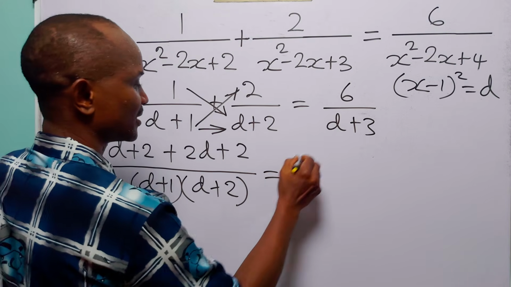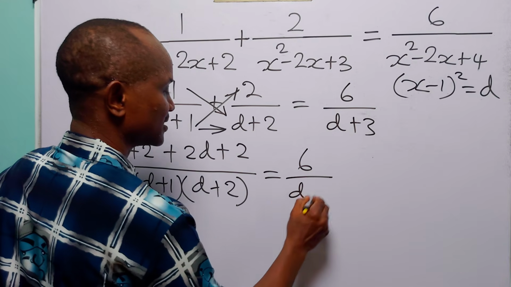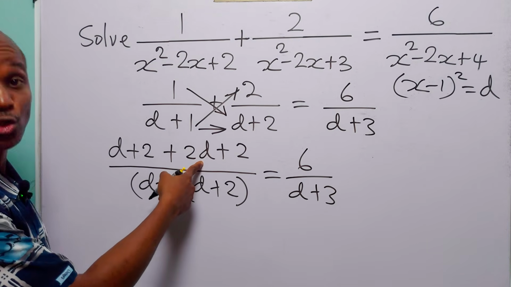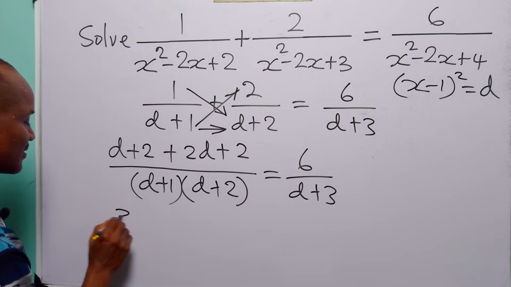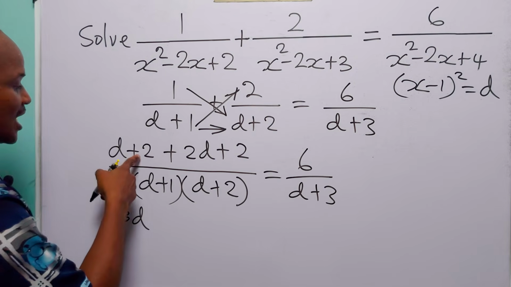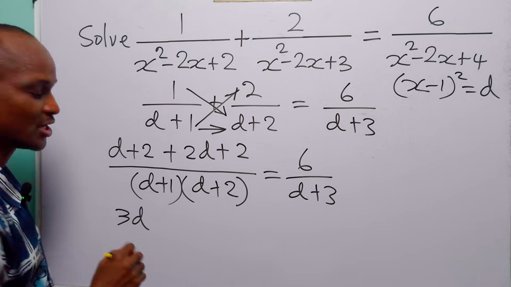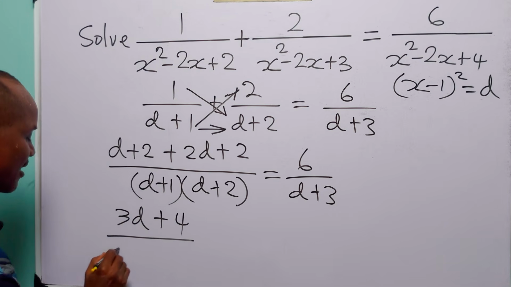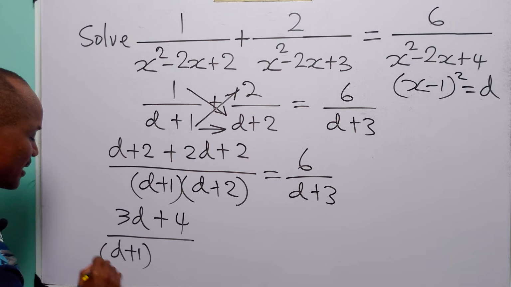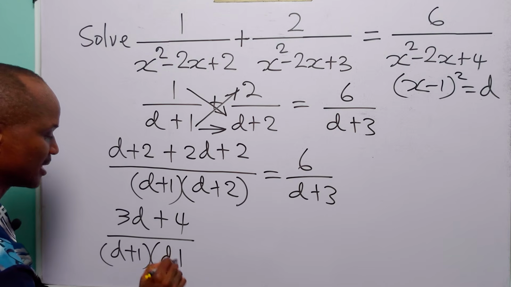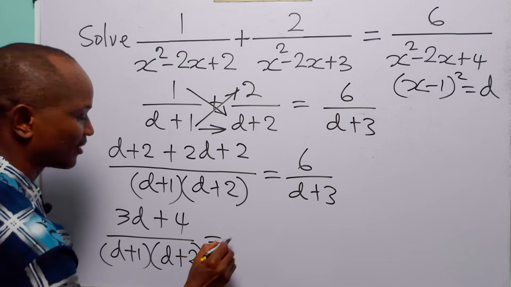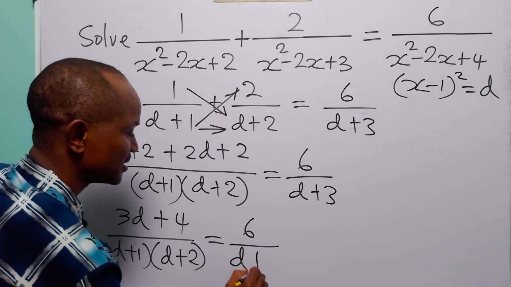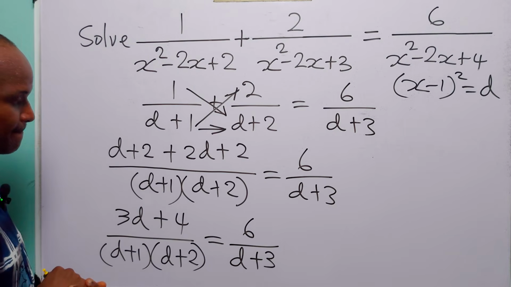And of course, this is still equal to 6 over d plus 3. Now, d plus 2d is going to give us 3d. 2 plus 2 is going to give us 4. In the denominator, we still have d plus 1 times d plus 2. And on the right-hand side, we still have 6 over d plus 3.